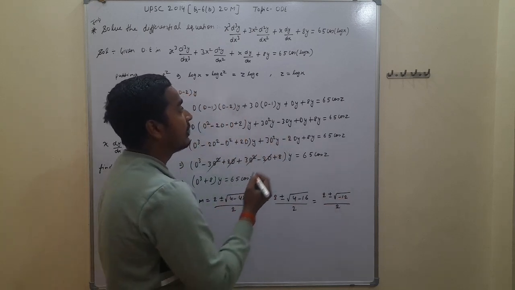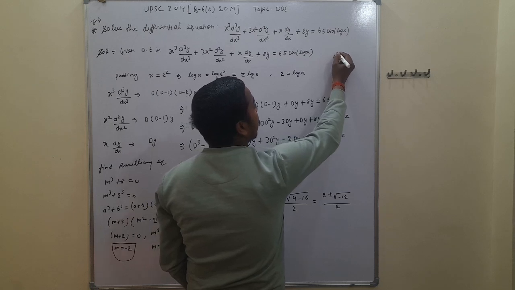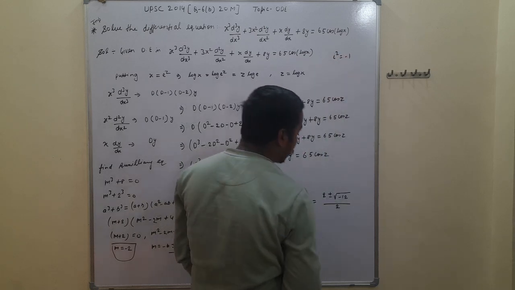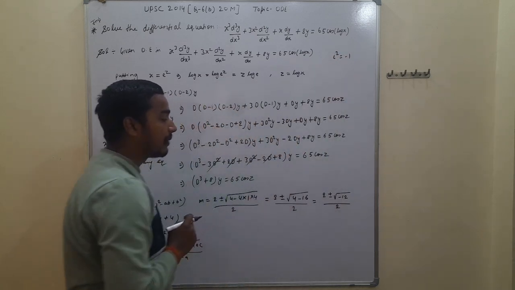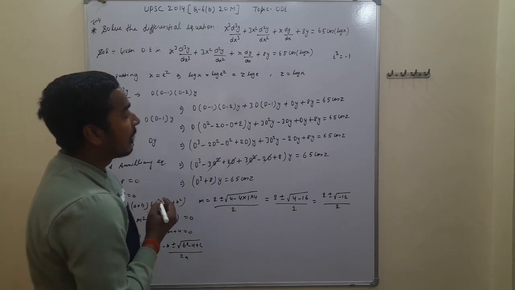And we know that in complex numbers, i square is given by minus 1. So we have to put in place of minus, we have to put i square.